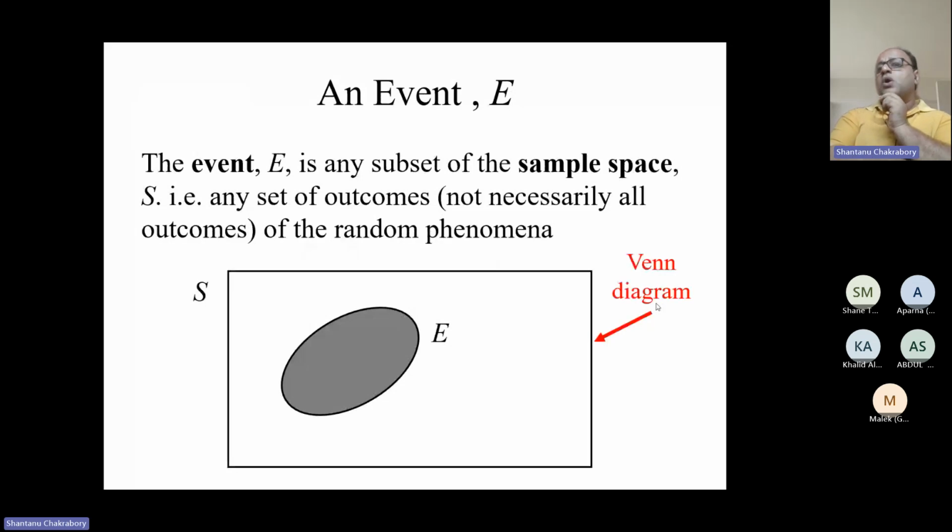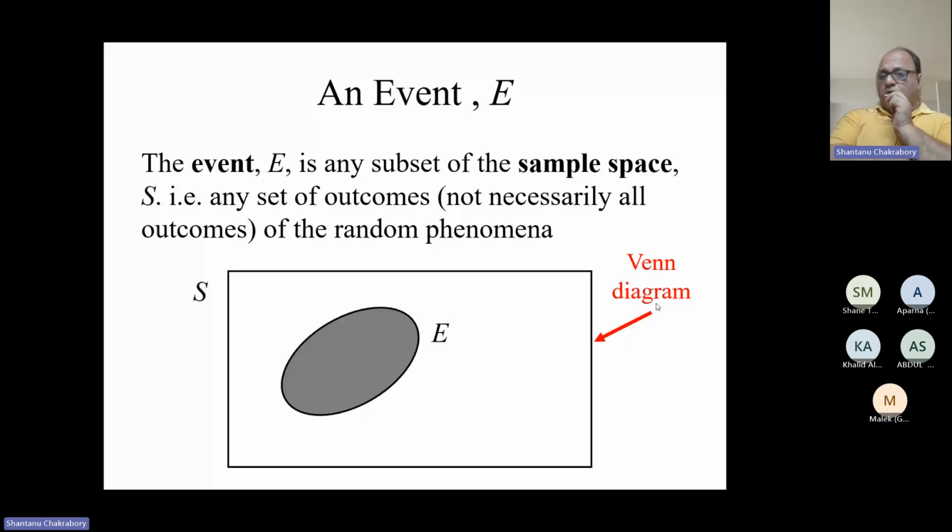Now, what is the event space? Event space is any subset of a sample space. So not necessarily all outcomes of the random phenomena that we are getting.